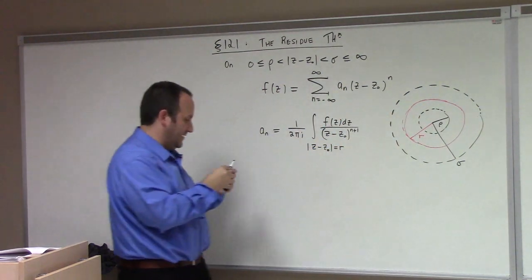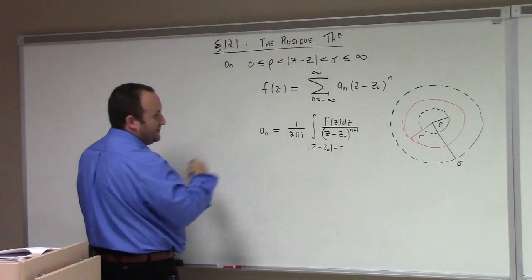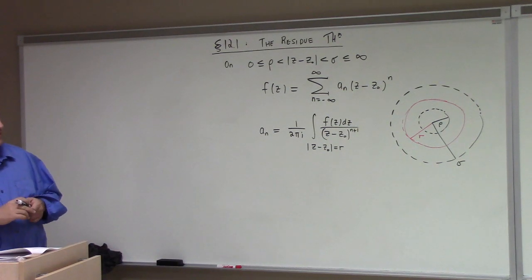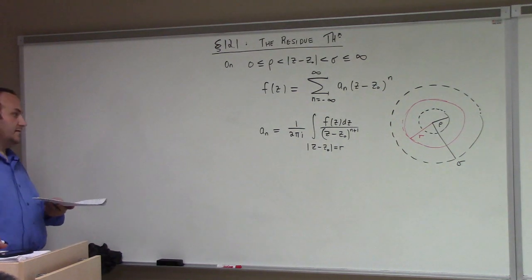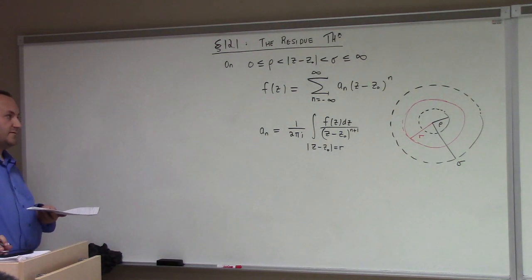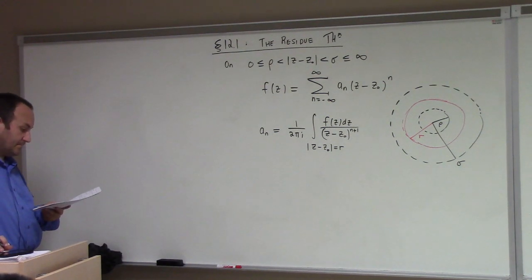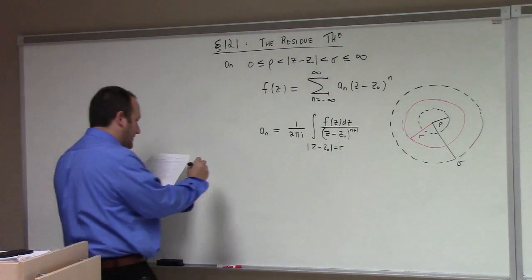That's the r that's in play. And the interesting thing is that that coefficient can be calculated with any red circle between the inner circle rho and the outside circle sigma. They all give the same integral, and the meaning of that integral is revealed in the coefficient of the Laurent series is that integral.